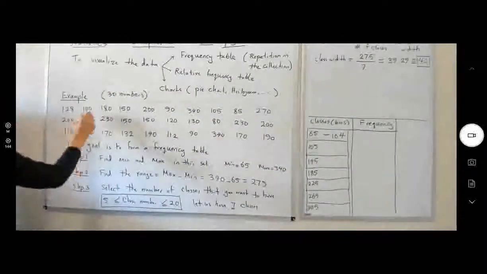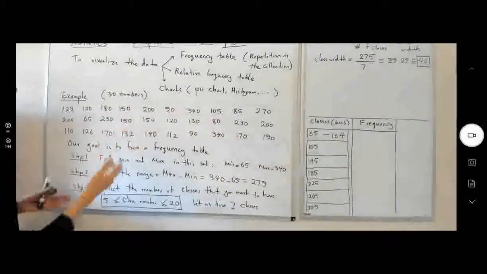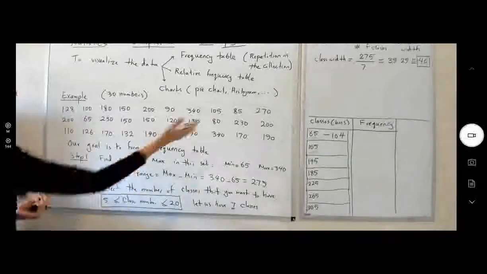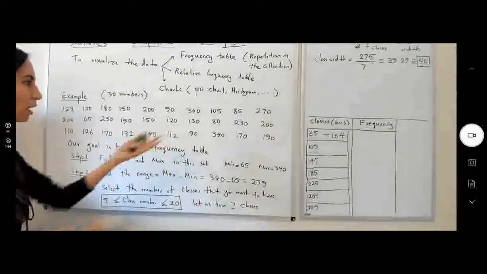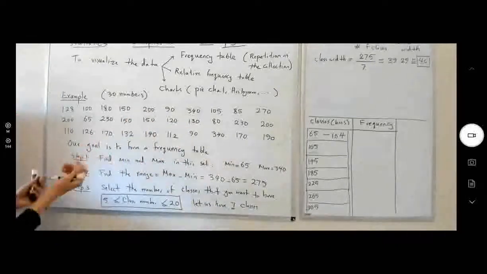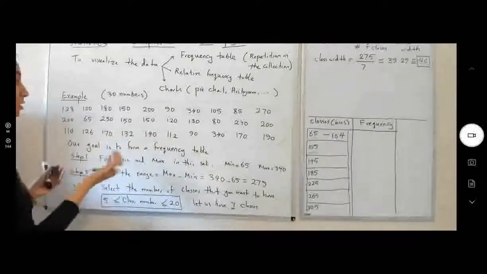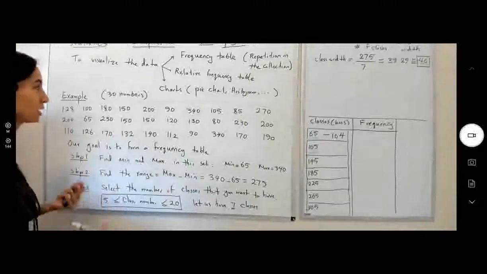I have one 65. How many 66s? Do I have any 66? No. 67, I don't see 67. 68, I don't see any 68. How many 69? Nothing. How many 70s? I don't see any 70s. What about 71? 72, 73.